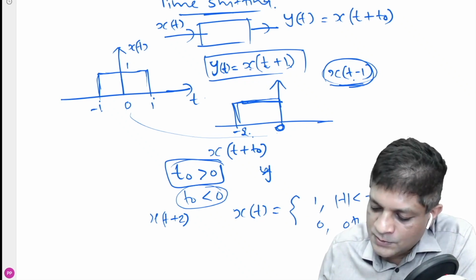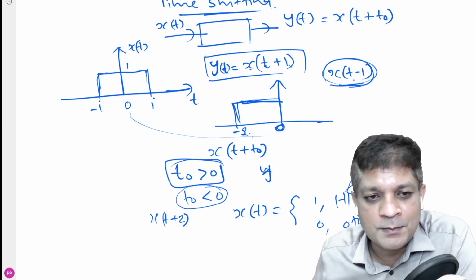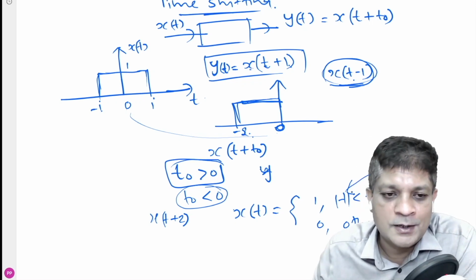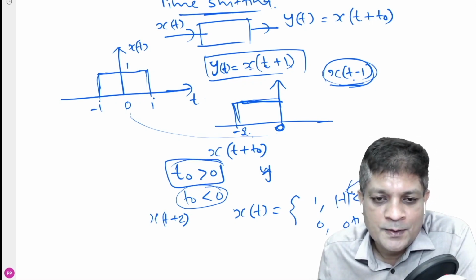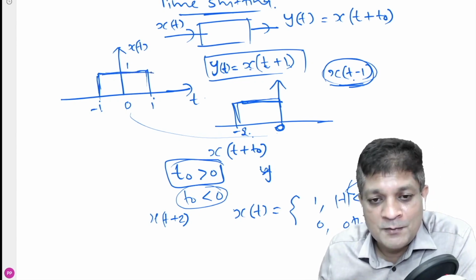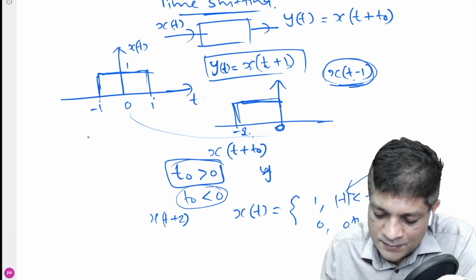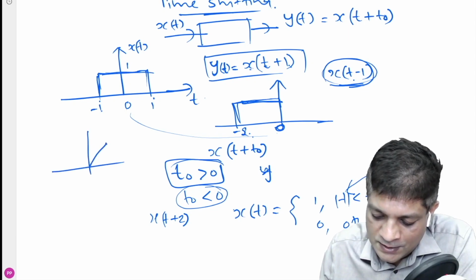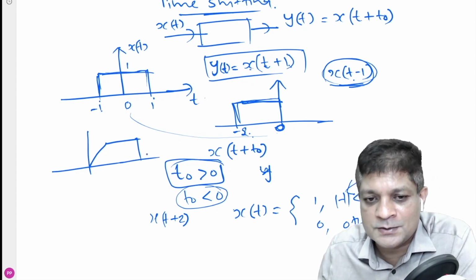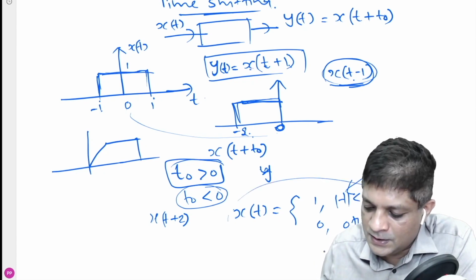Then you change the variable, replace with t plus 1 or t minus 1, then you find the value. It is easy in this case. But when we consider complex signals, that mathematical expression is slightly lengthier.